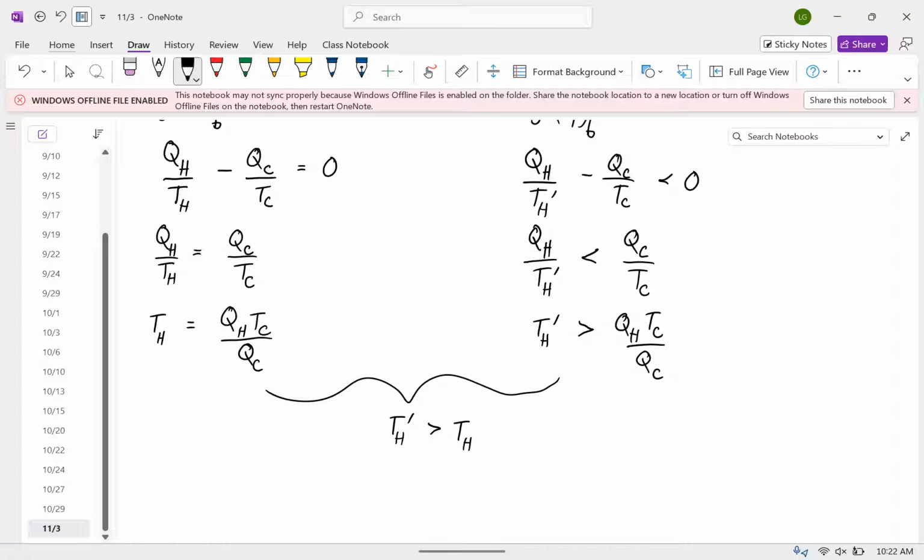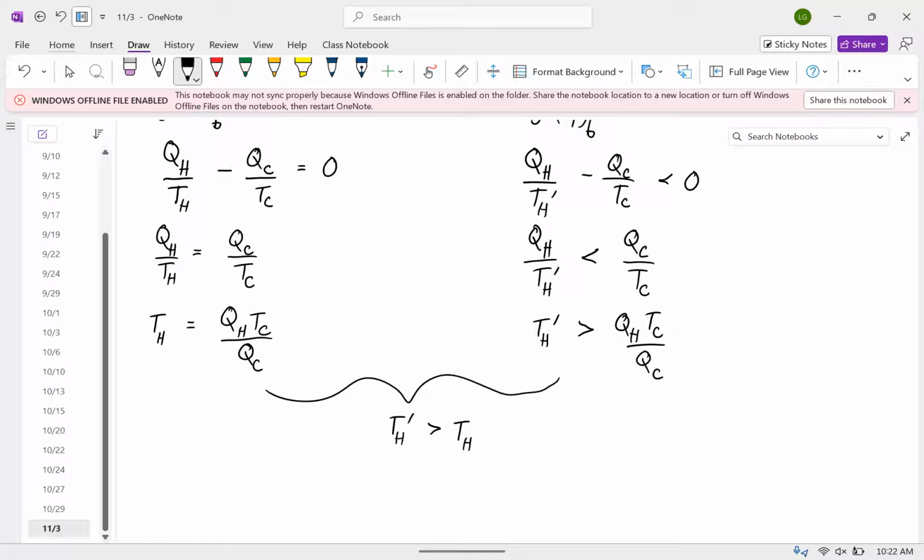Okay, so for any of these kinds of things, you can do this to find the relationship between heat transfers if you keep all the other stuff the same, or temperatures if you keep all the other stuff the same, in any of those three cycles: the power cycle, the refrigeration cycle, or the heat pump cycle.